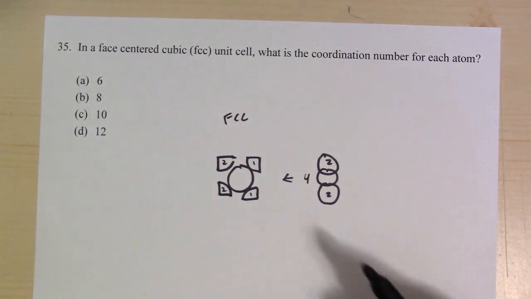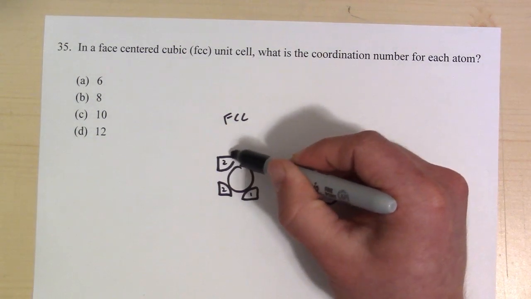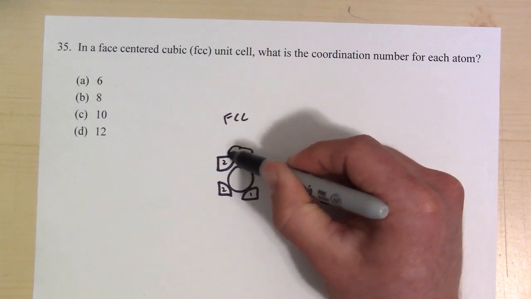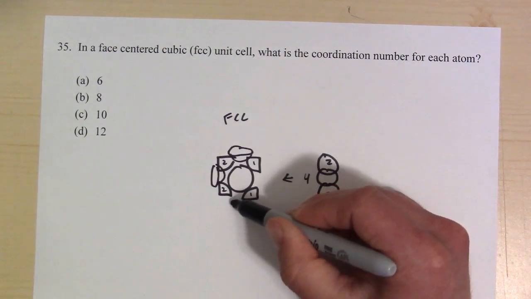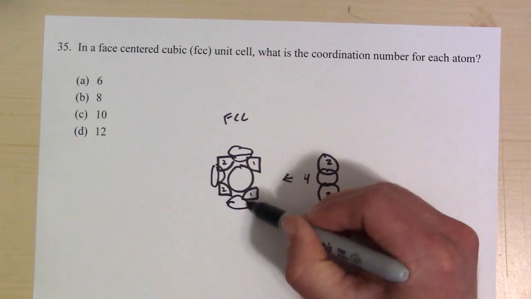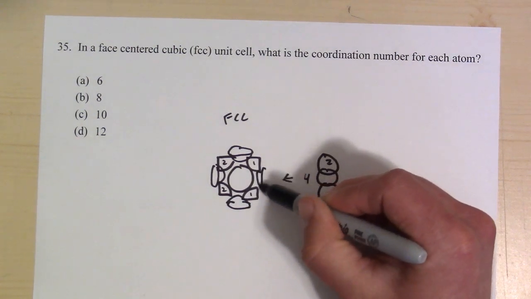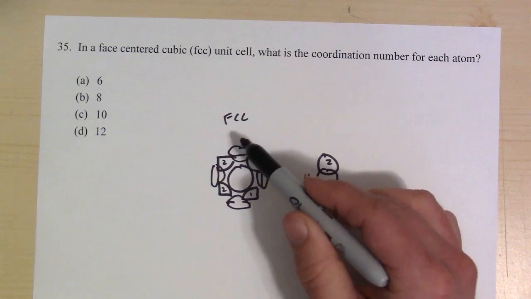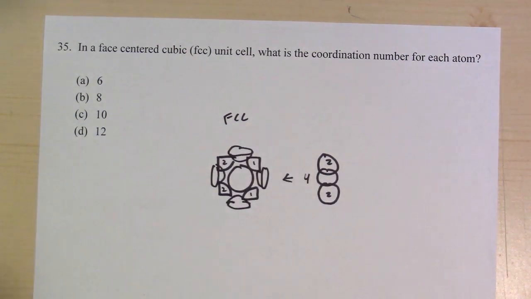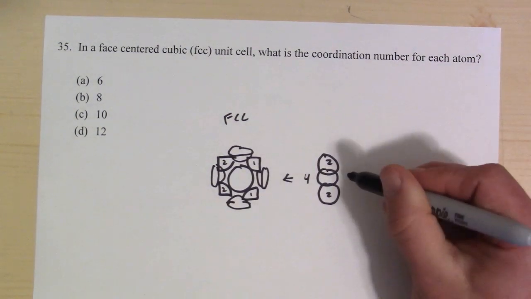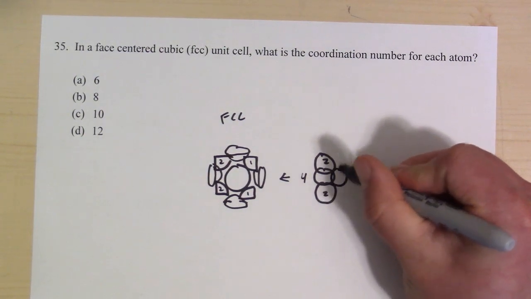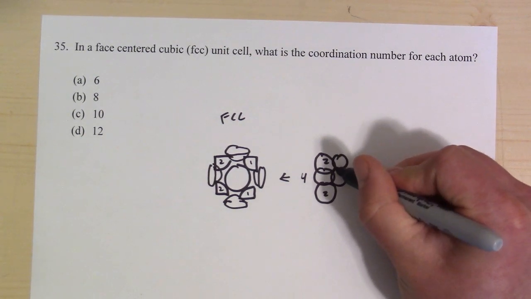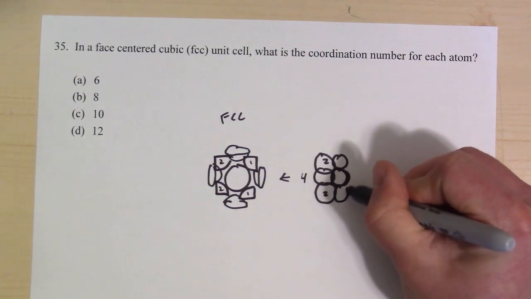Then we also have the atoms that would be on this face, on this face, on this face, and on the right face. So the top, left, bottom, and right faces behind this atom. So here, here, behind this one again, and down here.